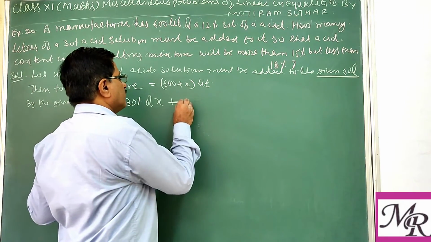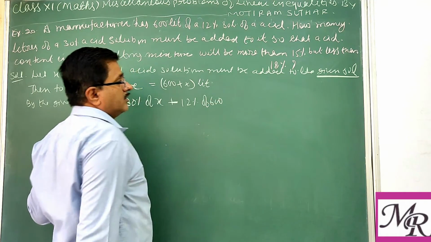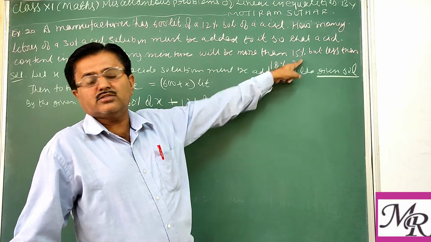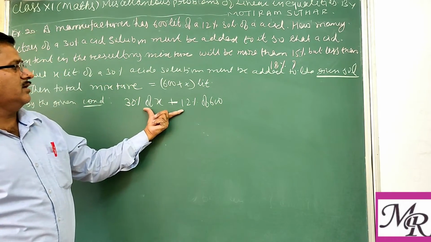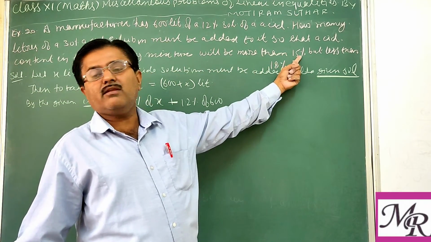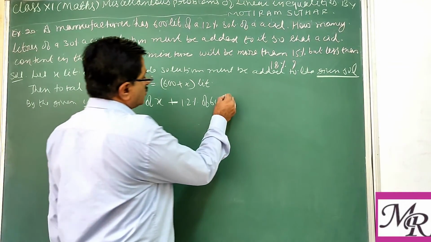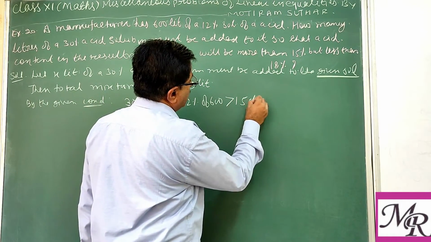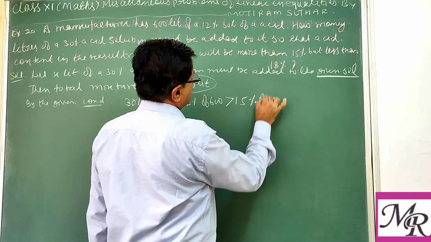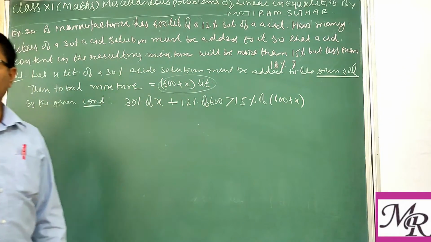So what we have? 12% of 600. The resulting mixture will be more than 15%. So this should be greater than 15% of the mixture. This is the mixture. 15% of 600 plus x. This is the first condition.